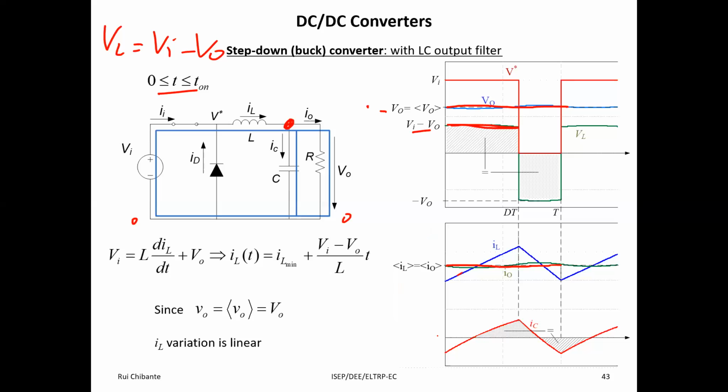Look at the capacitor current, which has negative and positive values. We know that when the current in the capacitor is negative, it is discharging, and when the values are positive, the capacitor is charging.